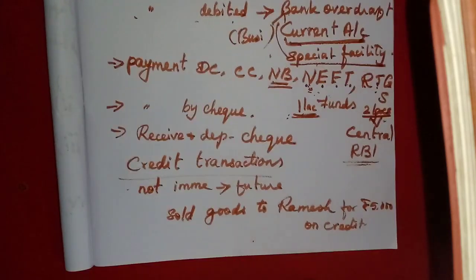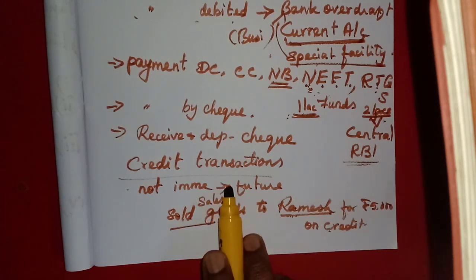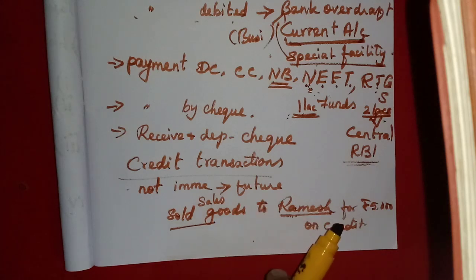You see, cash is not given; if cash were given, it would be cash sales. Here we sold goods to Ramesh, so the two accounts involved are Ramesh and sales. Sold goods means we should write sales. Sales is an income, so we credit it. The receiver is Ramesh. Here cash is not involved, so this is not a cash transaction; we can conclude this is a credit transaction. I think this example is enough for you.